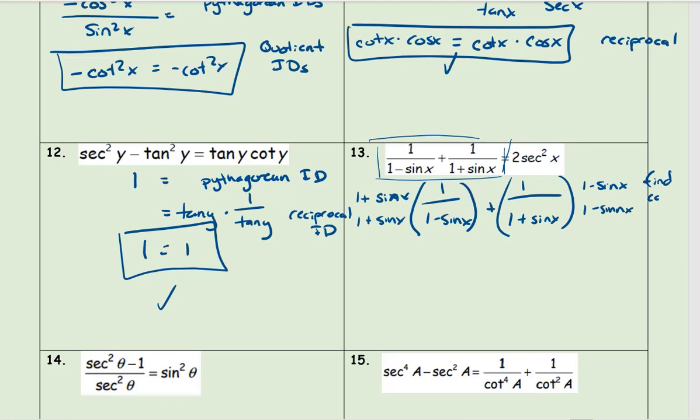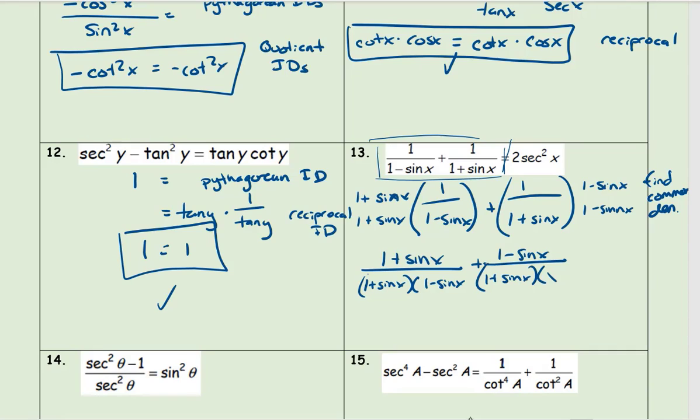So now we have 1 plus sine of x over 1 plus sine of x times 1 minus sine of x, and then we're going to have 1 minus sine of x after we distribute here, all over 1 plus sine of x times 1 minus sine of x.